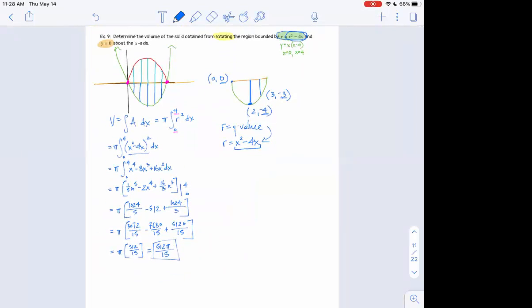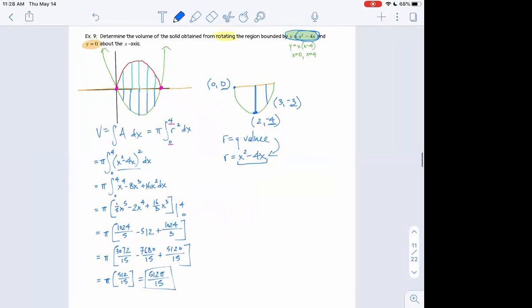All right. So finally, towards the end of class, I'm able to make it through a problem without making mistakes. But we should be getting an answer of 512 pi over 15. Okay.